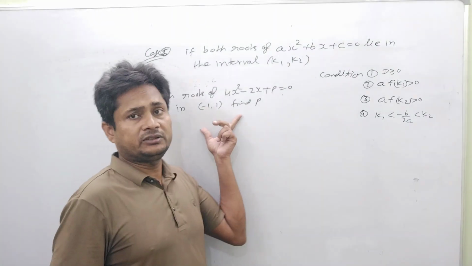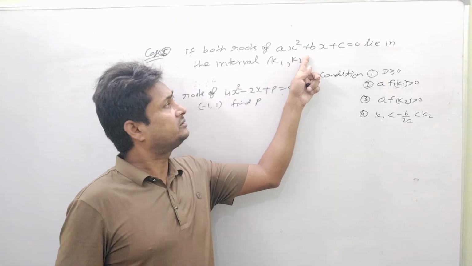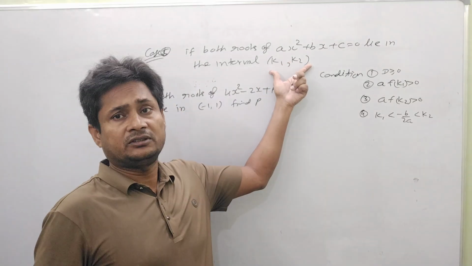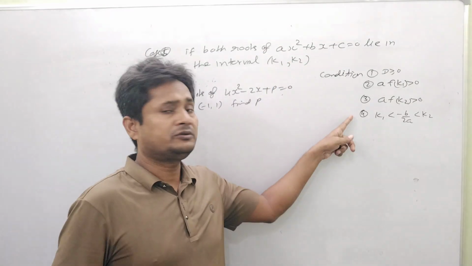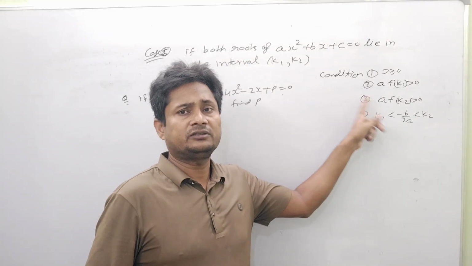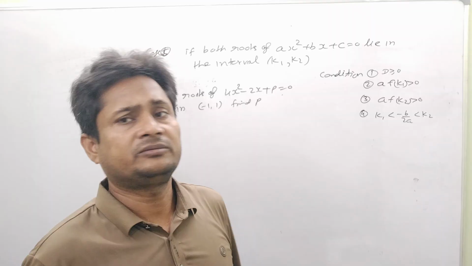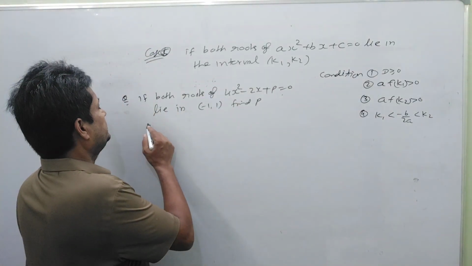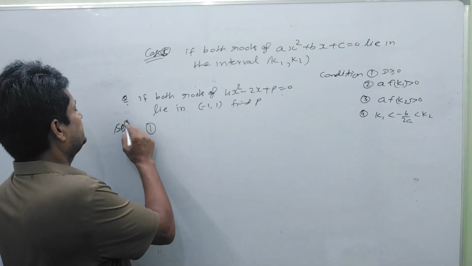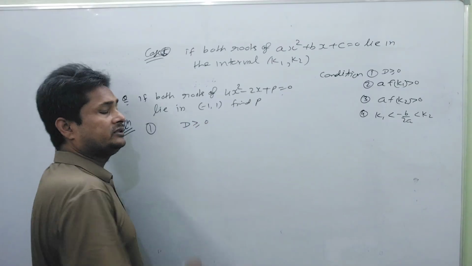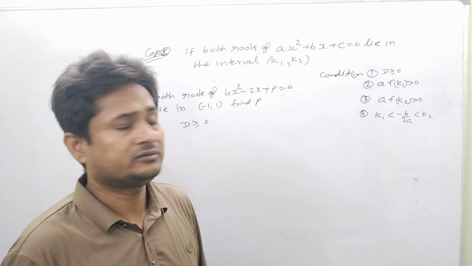So this question is based on this condition, and to solve this type of question there are 4 conditions. We have to apply these 4 conditions and then take the intersection. How will you solve these 4 conditions? The first one is D greater than or equal to 0.